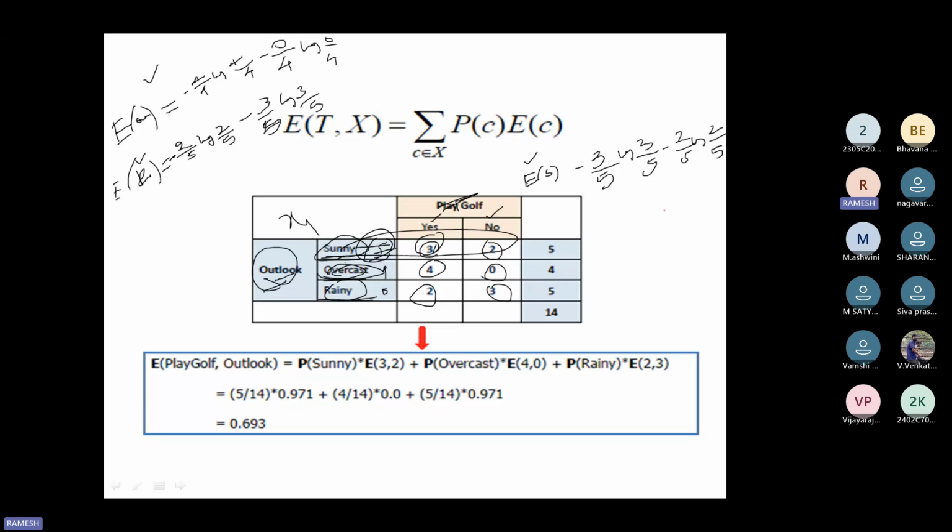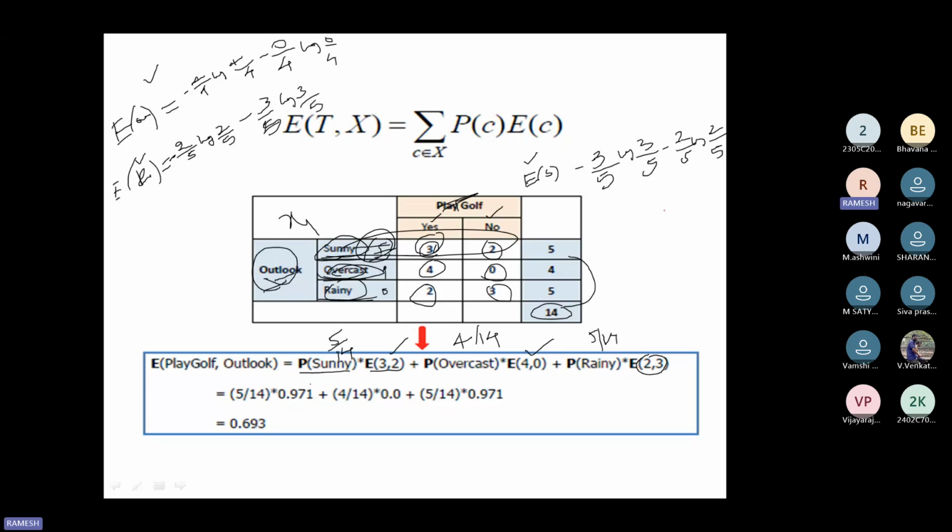We multiply the individual entropies by their weightage. The probability of sunny, that is the weightage, is how many times it is sunny out of a total of 14, so 5 by 14. The probability of overcast is 4 by 14, and the probability of rainy is 5 by 14.